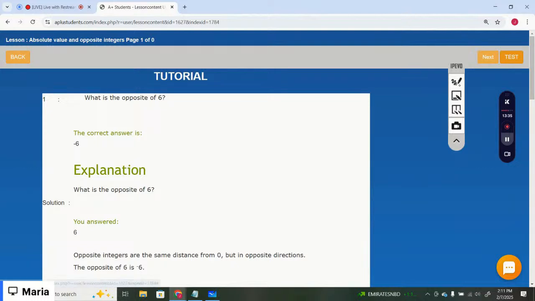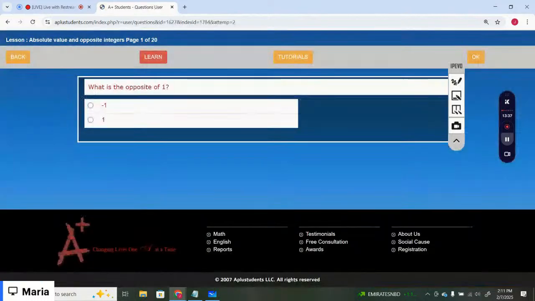Let's start with the test questions. What is the opposite of 1? Opposite of 1 is negative 1, the same distance from 0 but on the other side of 0.